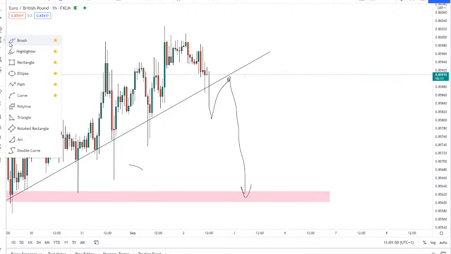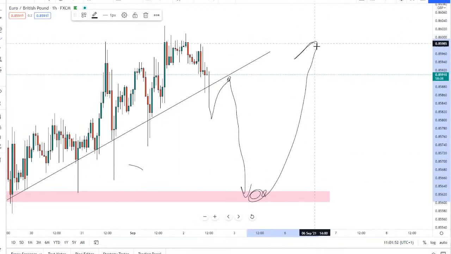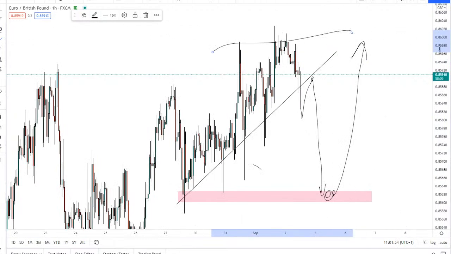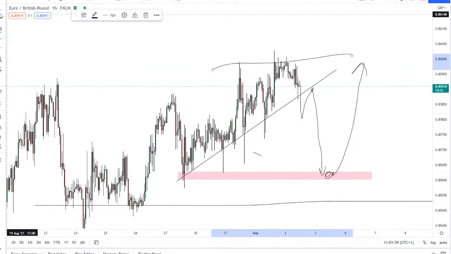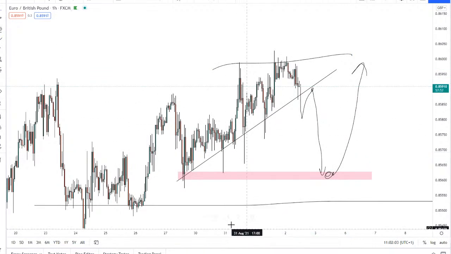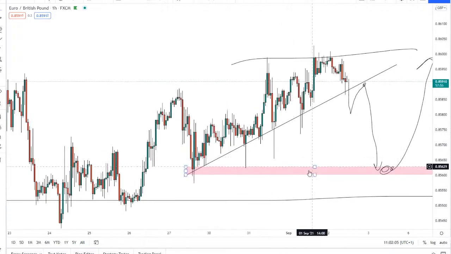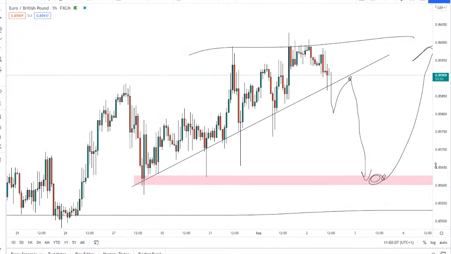And if that does happen, I'll be looking to buy this back up again, back into those highs at least, and then maybe even further up there. So yeah, Euro Pound, I expect more upside for this pair, but price is really struggling moving up, especially giving us these long wicks to the downside.